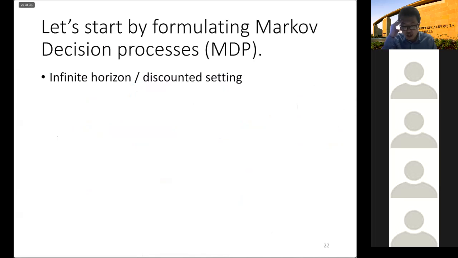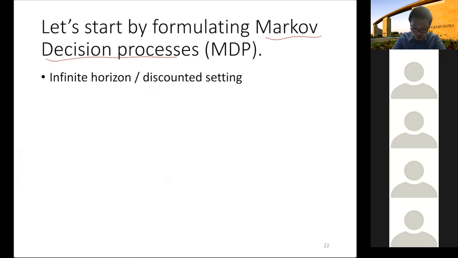So we'll start by formulating more concretely this setting of Markov decision processes mathematically. From here onwards, there will be mostly drawing on the board and on the slides, and the annotated slides will be shared on the course website after the lecture. So we'll start by talking about what a Markov decision process is and what the parameters are.